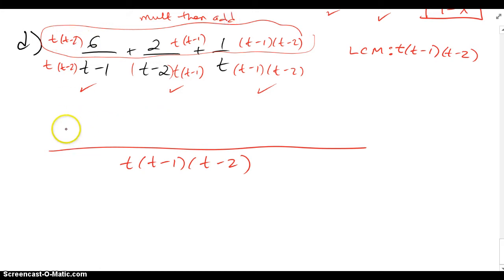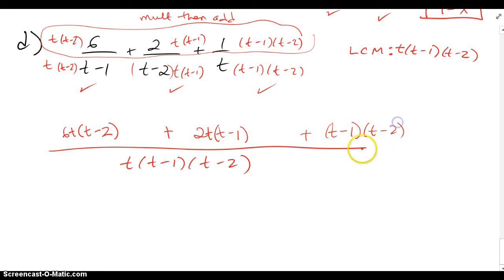I have 6 in t, and then I'm going to be distributing that into t minus 2. In the middle term, I have 2t, and then the t minus 1 that I have to take care of. And in the last one, I really just have a 1 for the coefficient, which doesn't really change much. I have t minus 1, t minus 2.